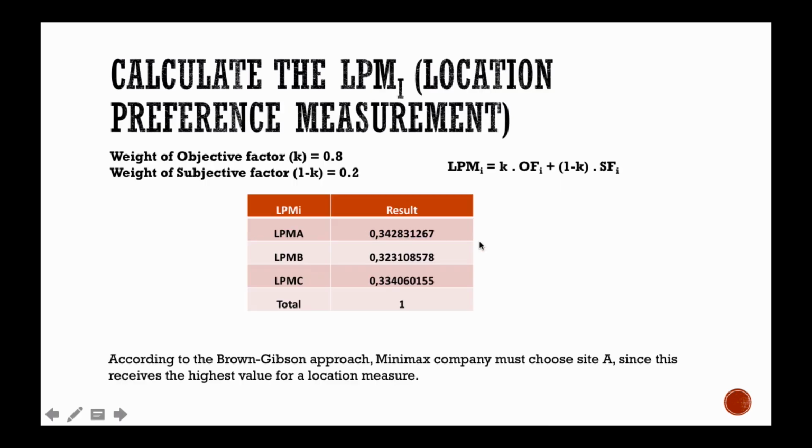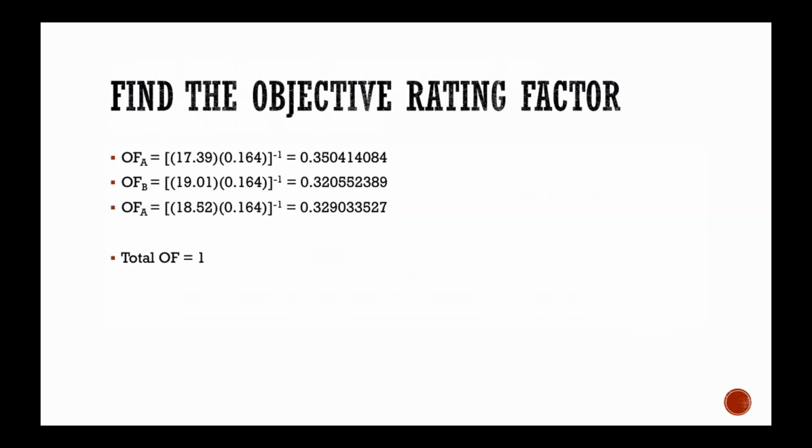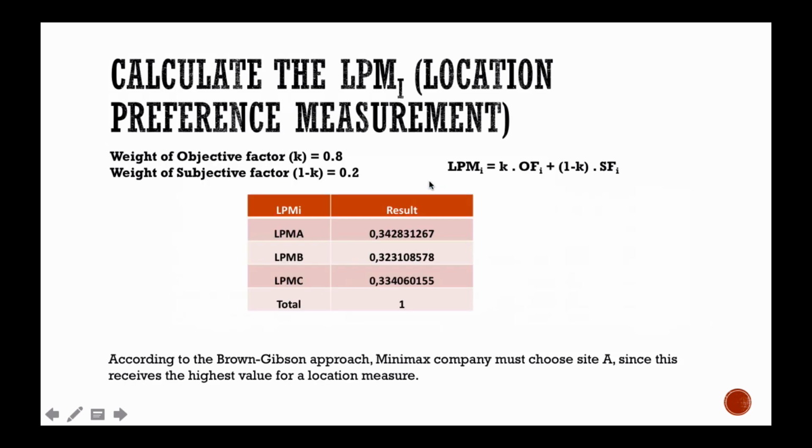But because I state that the objective factor is 4 times more important than the subjective factor, we can check the objective factor. The objective factor of site A is the highest one. So the result is that the Minimax company must choose site A. Thank you.